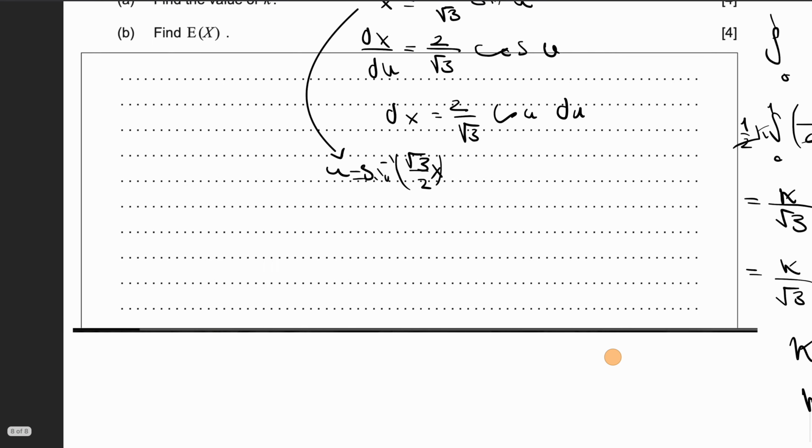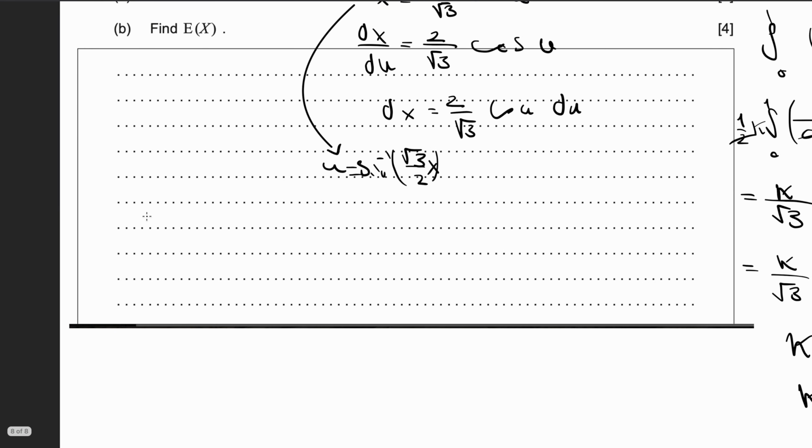Okay, so now in part B, we're asked to find E of x, which is the expected value. So in order to find E of x, you should take the integral and solve the integral of x f of x dx. So it goes from 0 to 1.